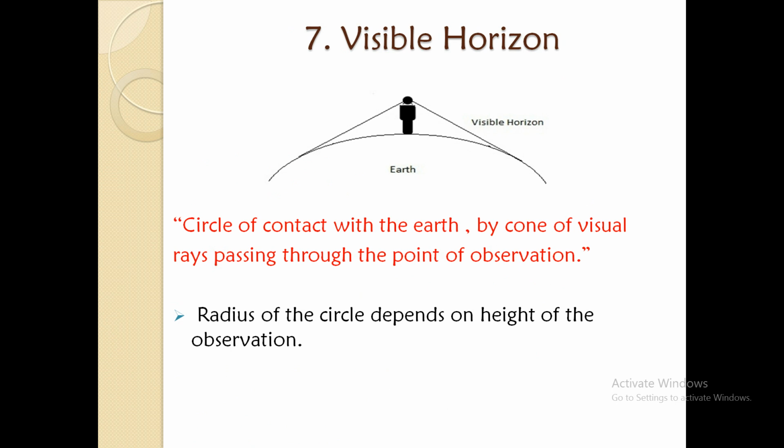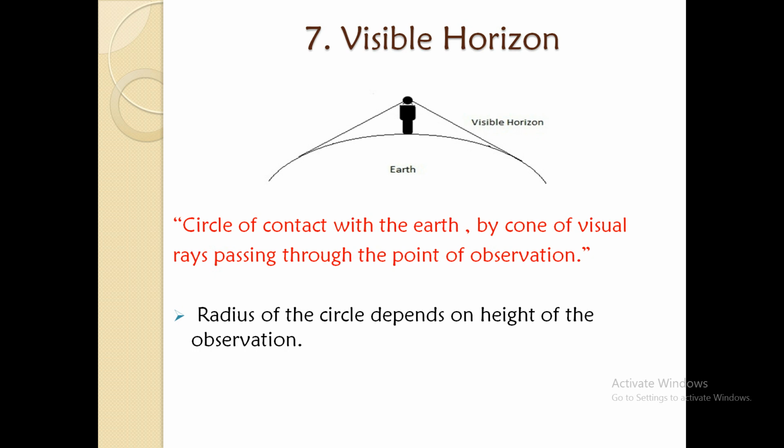Next is the visible horizon. A visible horizon means the circle of contact with the earth by the cone of visual rays passing through the point of observation. So if an observer is standing above the earth's surface, as we know, we can see a certain area of the earth, a plane surface of earth.